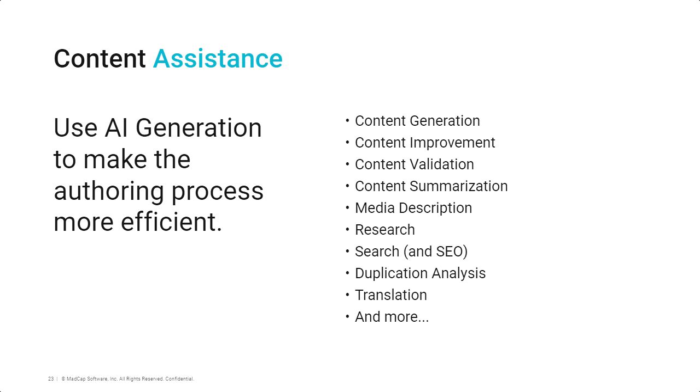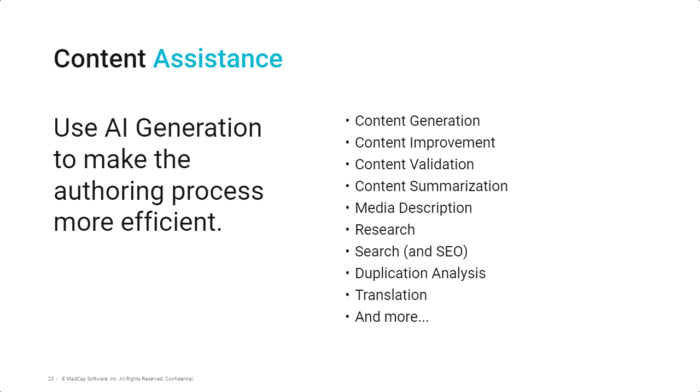Yeah, so I am a writer, and I am going to talk about content assistance. From the content creator's point of view, there are so many possibilities for what you can do as a content creator with AI. What we've done here is compile a short list of some suggestions, some possibilities.